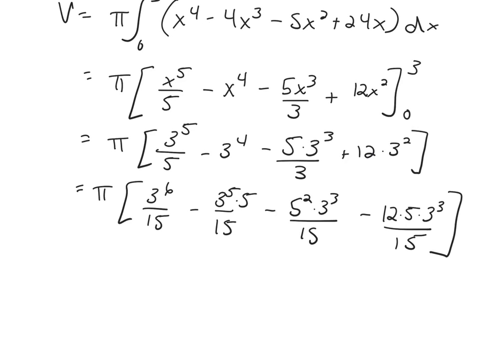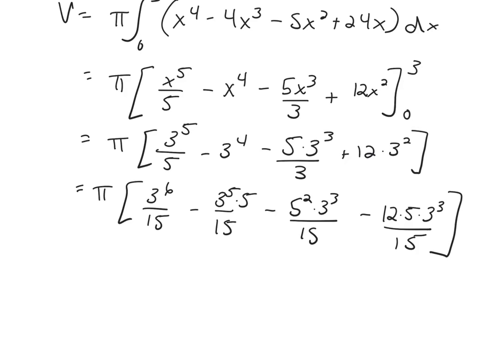Just in case you're curious how I simplify this, you could use a calculator to compute all this if you wanted, but they all have a denominator of 15, so I can pull the denominator out in front. And then I look to see what in common I can factor out. What's the smallest power of 3 you see? 3 to the 6th, 3 to the 5th, 3 cubed, 3 cubed. I can pull out a 3 cubed, and that's I think all you can pull out.